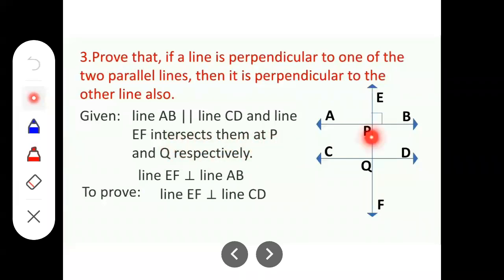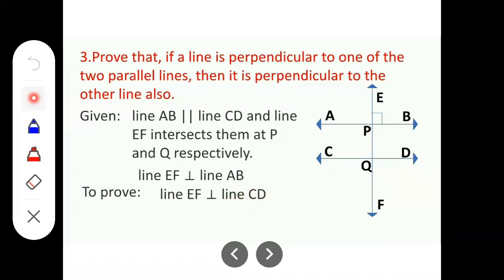Here is the intersection point P, and the intersection point on the second line is Q. Line EF is perpendicular to line AB. Now we have to prove that the same line EF is perpendicular to the other line also, that is CD.